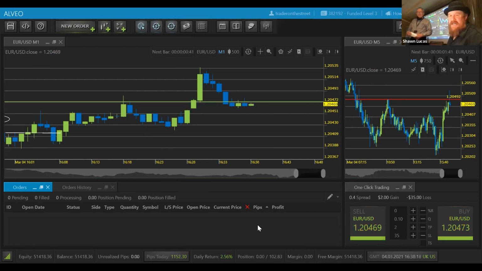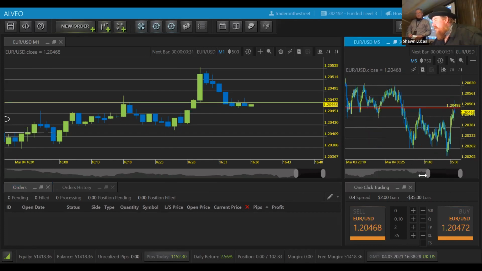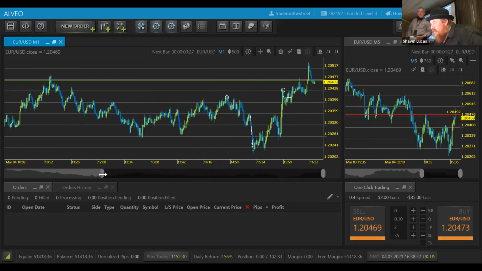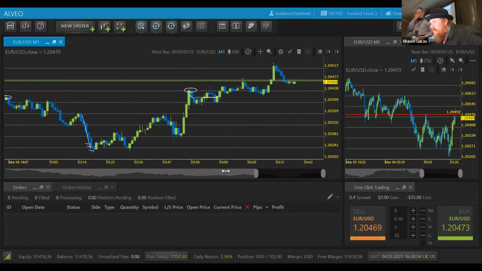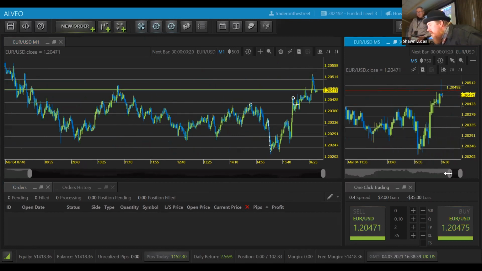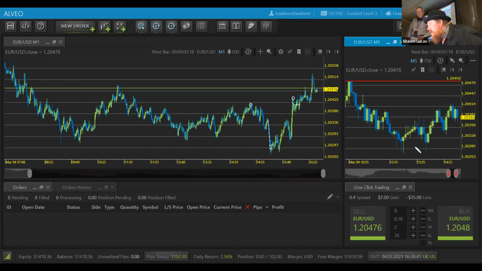The big takeaway from this trading session is the clue we had on that 5-minute chart earlier. Right in here, all of this was our clue.